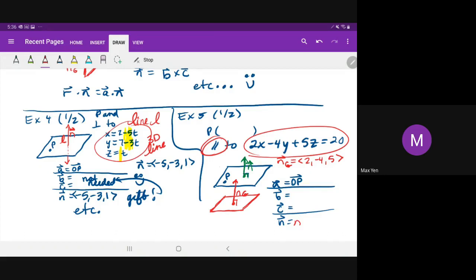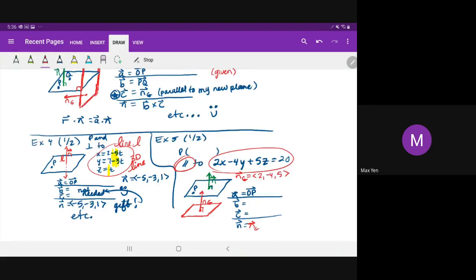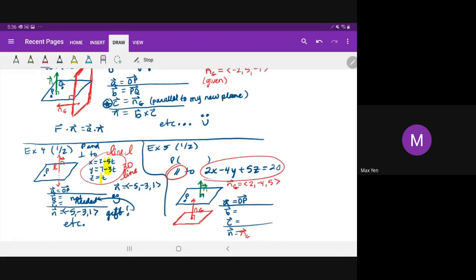The green normal vector is the normal vector of the plane. And that's what most people do in example 3. In example 3, they're like, I'll just take the coefficients. The coefficients are normal. I'm looking for a normal. Let's just make N given N like I just did.